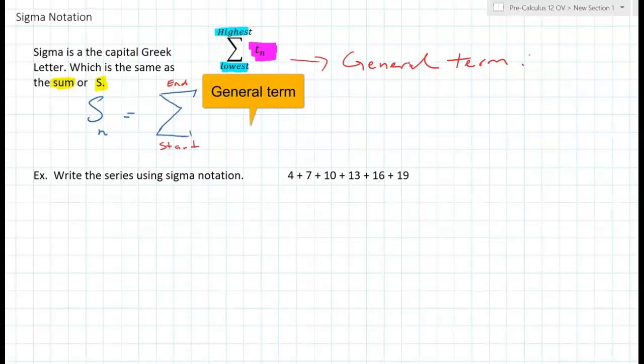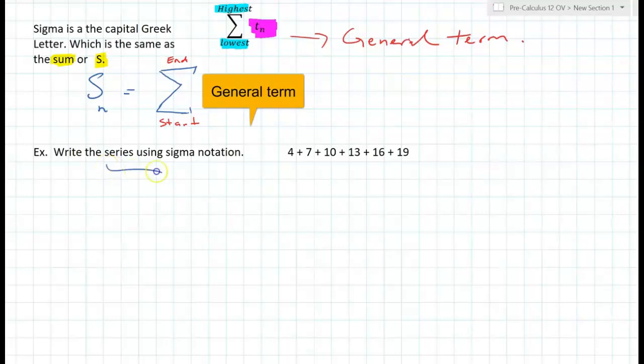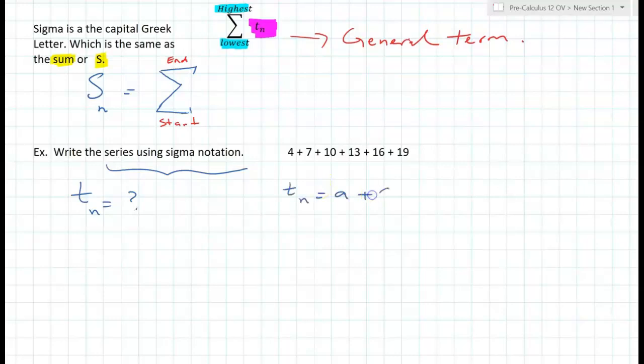Number one, write a series in sigma notation. That means you must find the general term of the sigma notation. In this case, it is an arithmetic series. So what we need to have is Tn, and remember the formula for Tn was a plus n minus 1 times d.